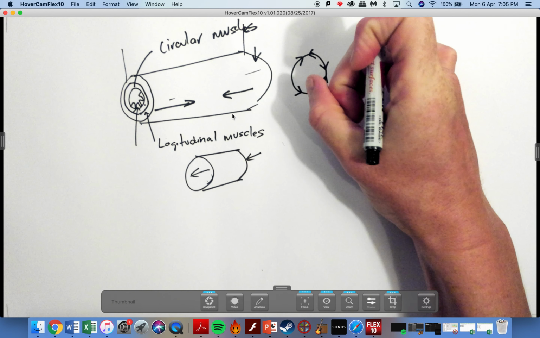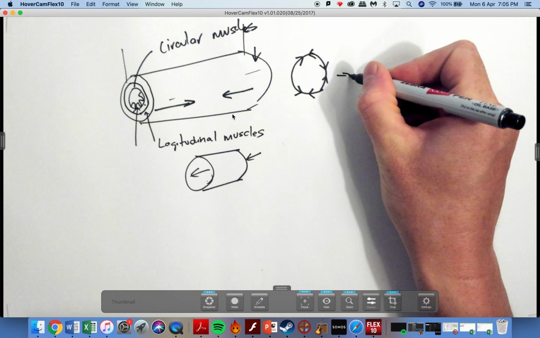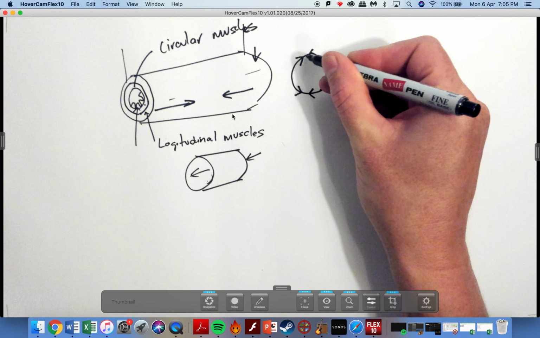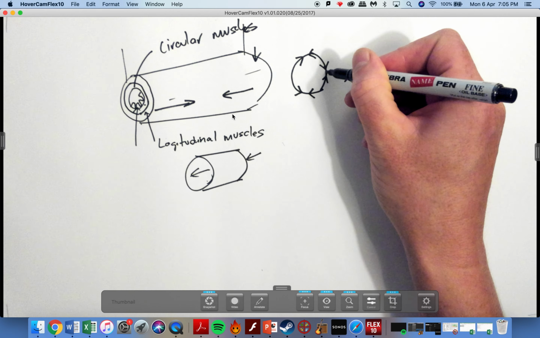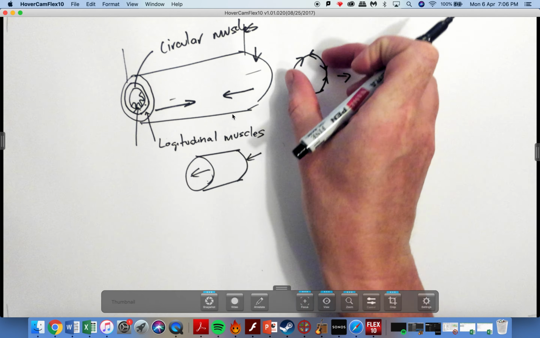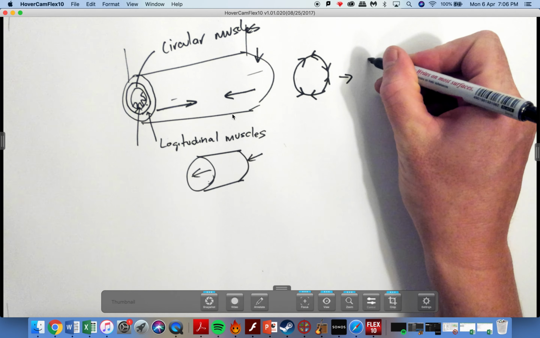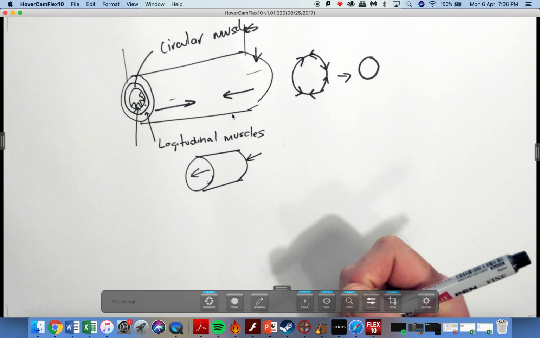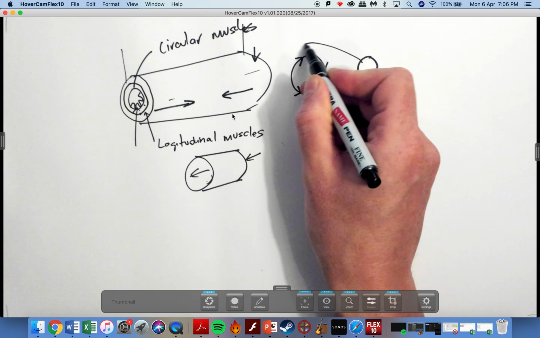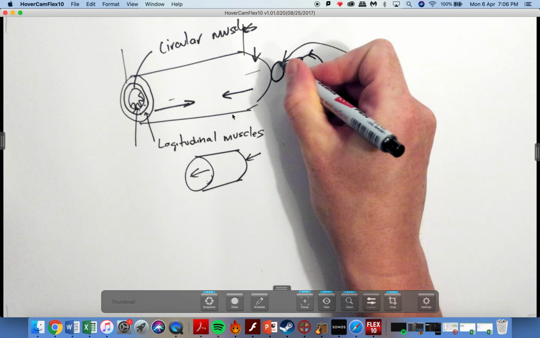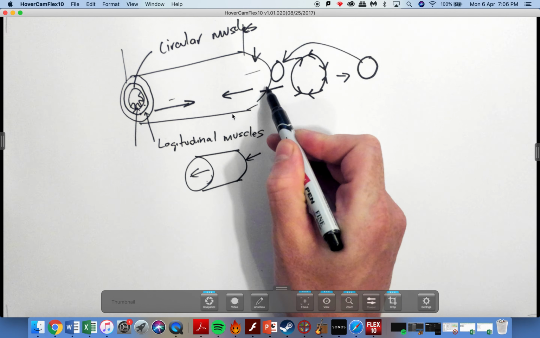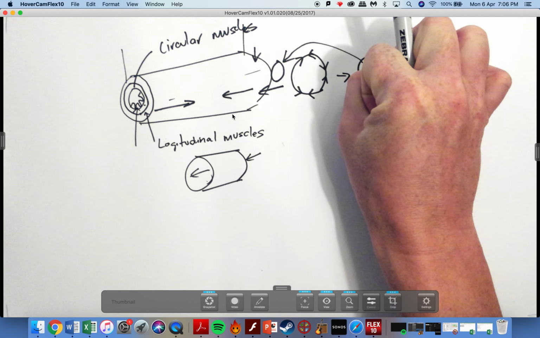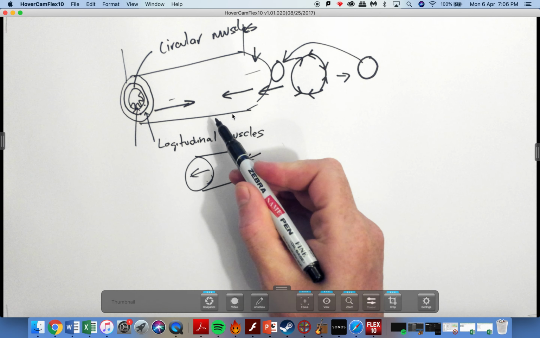So all the way along, this is going to shorten by contracting in all these different sections. This section's contracting towards this section, all the way along. And what that's going to do is make a smaller circle. If we made a smaller circle behind, then it's going to be kind of squeezing in. It's going to push the food through.